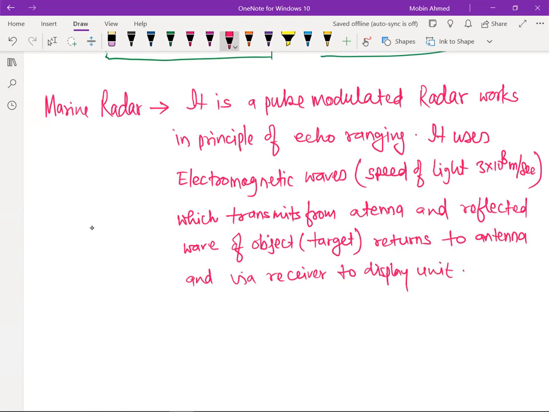So in the display unit, this reflected object is being seen.